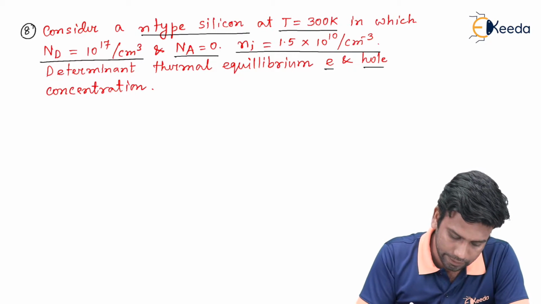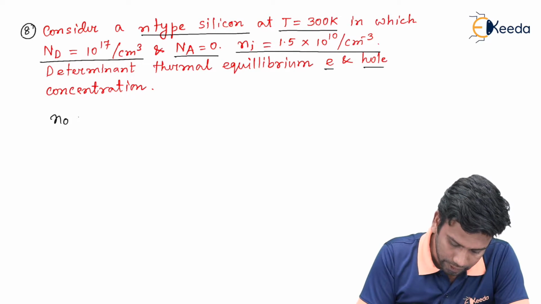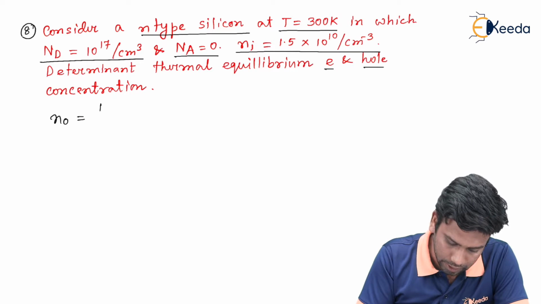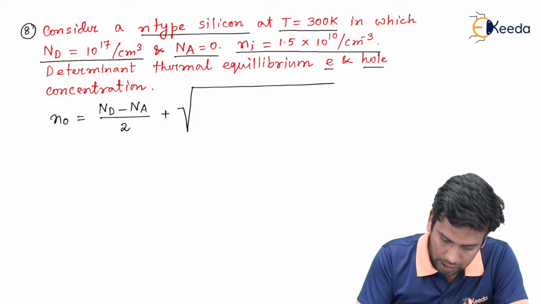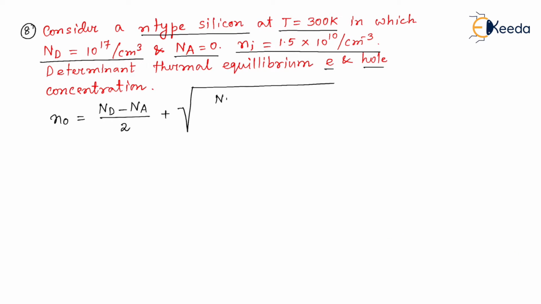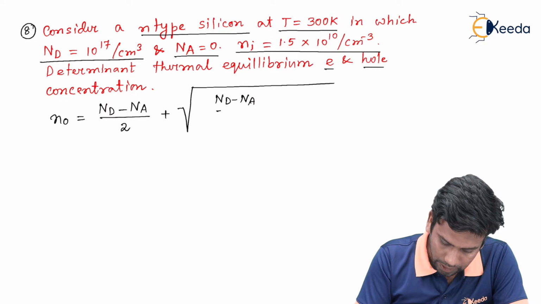So we know that N0 can be written by the equation (Nd minus Na) divided by 2 plus root over ((Nd minus Na) by 2) whole square plus Ni square.